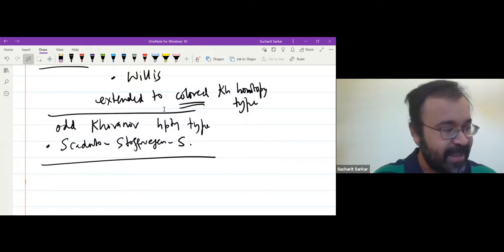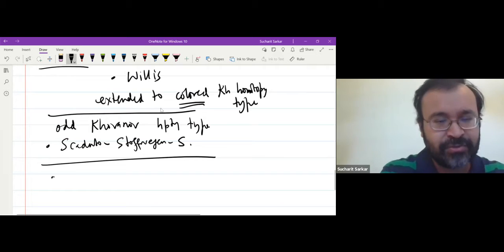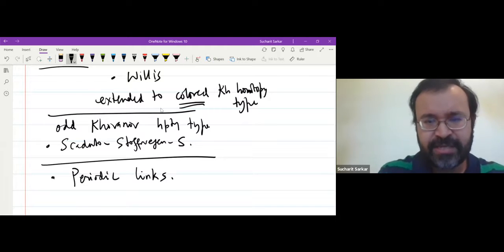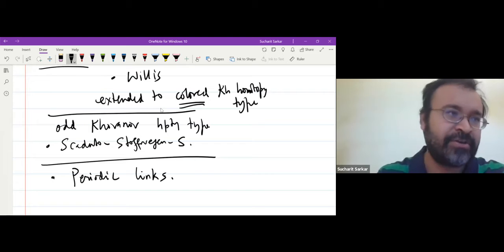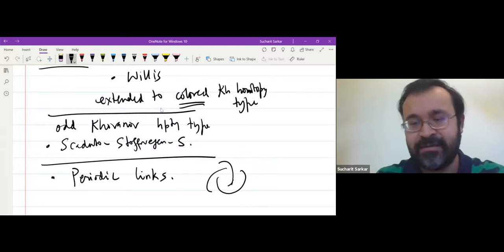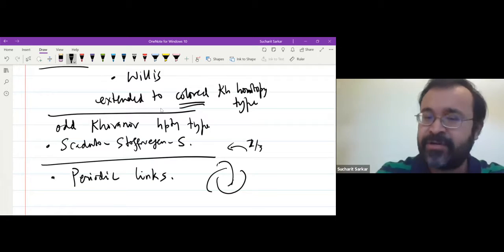There is also a generalization, and this is actually an interesting thing: periodic links. It's a link with some sort of symmetry, or periodic knots or periodic links. Let's give an example. Here is the trefoil, and this has a Z mod 3 symmetry. I can rotate by 120 degrees.